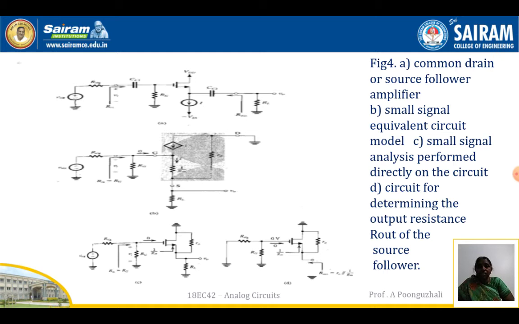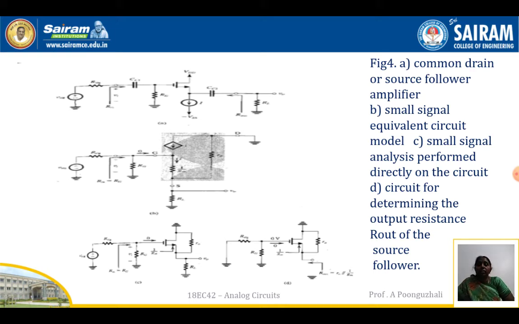And next is the small signal analysis that is going to be performed on the circuit. So for the MOSFET, VDD is going to be grounded, RL is going to be grounded, and the current source is going to be open circuited. So for small signal analysis, a current source is open circuited and a voltage source is short circuited.